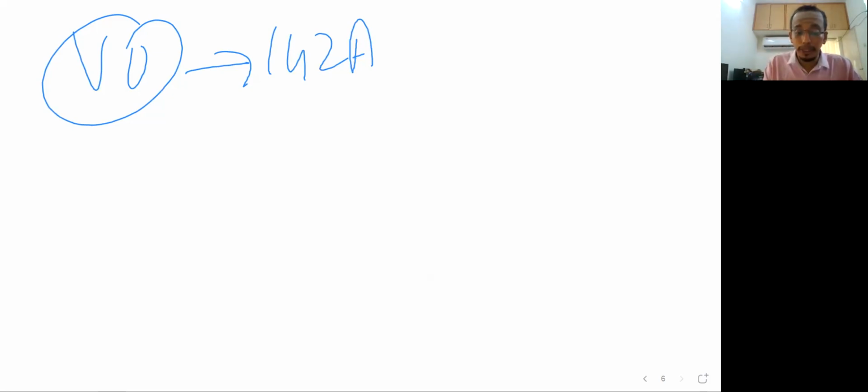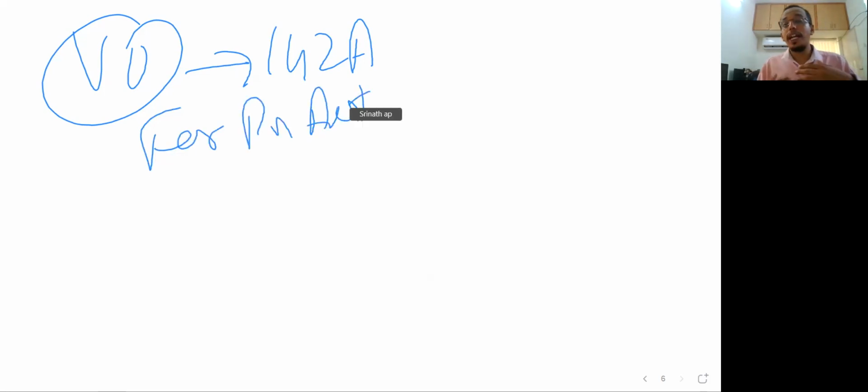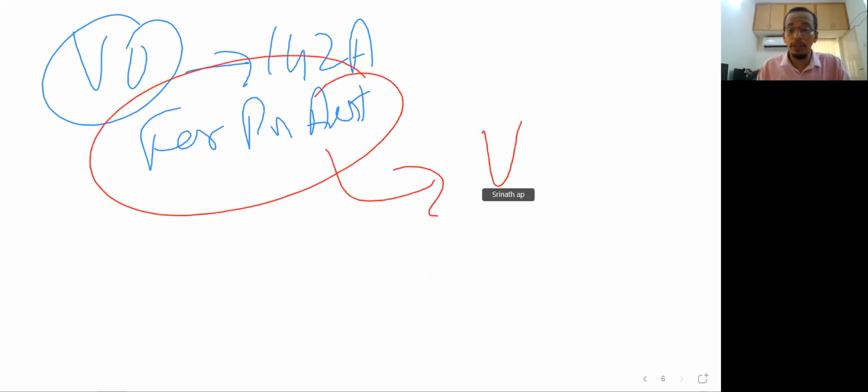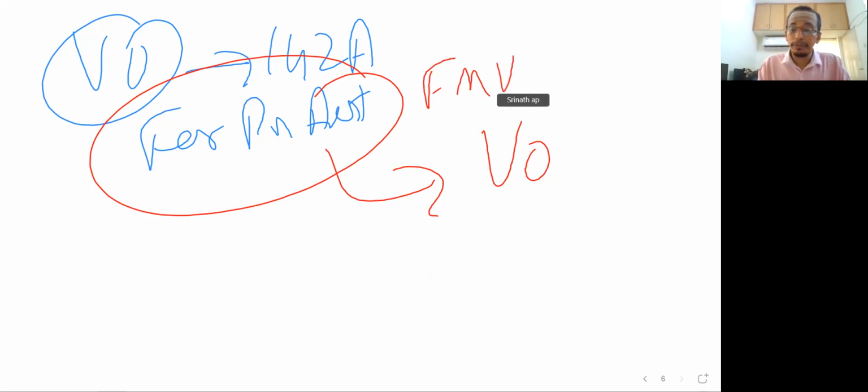This is also for the purpose of assessment. If the assessing officer wants to estimate the value of any jewelry, the value of an asset, or the value of any investment, then the assessing officer may refer to the valuation officer. For example, to estimate a fair market value.